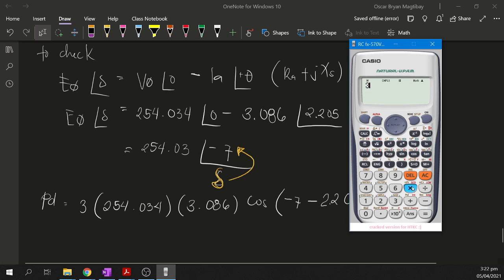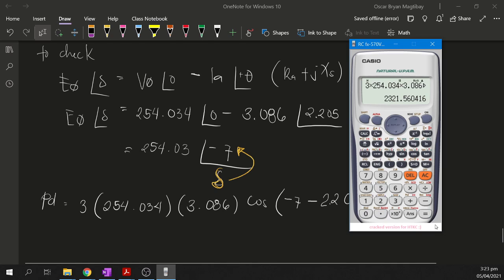So this would be 3 times 254.034 times 3.086 times cosine of the quantity negative 7 minus 2.205.